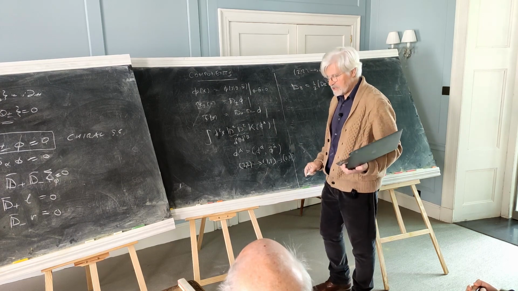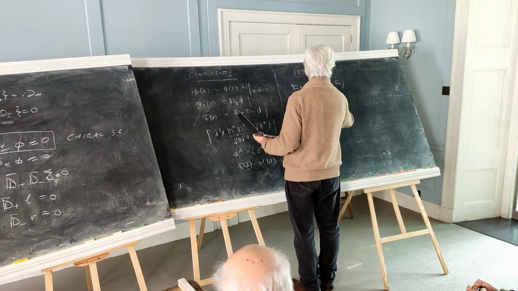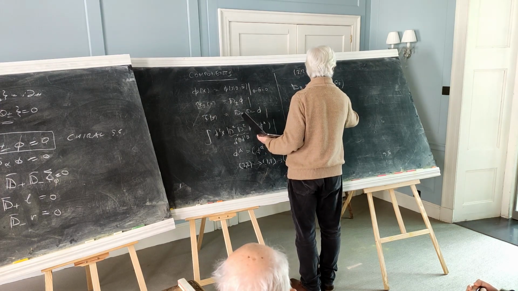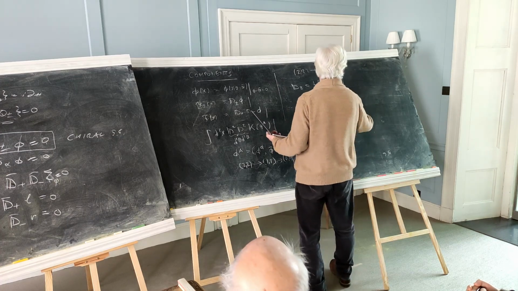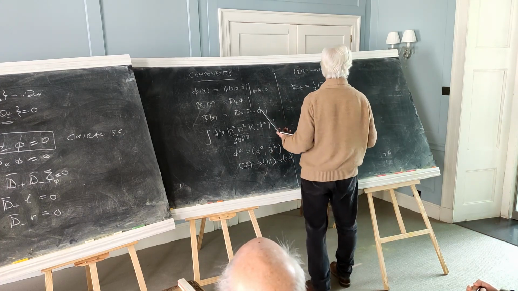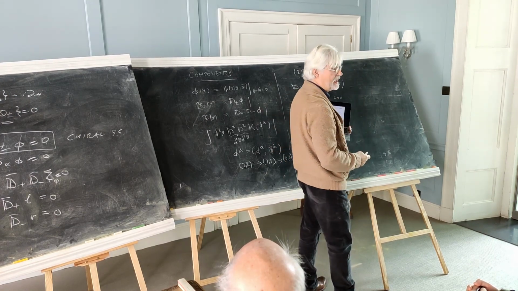So the D plus, the first one here, will be the 1,1 covariant derivative. So that's that one. And when you've reduced it to 1,1, only that part is manifest.